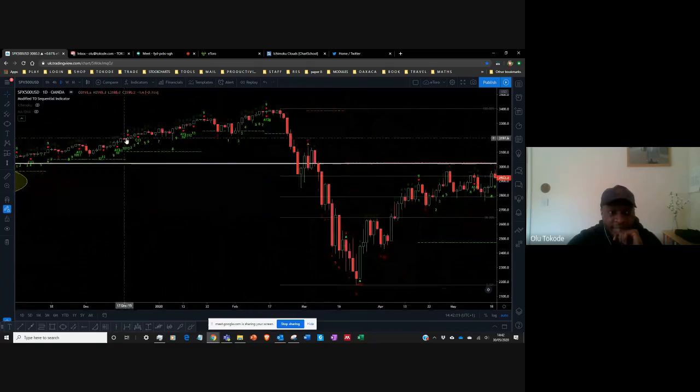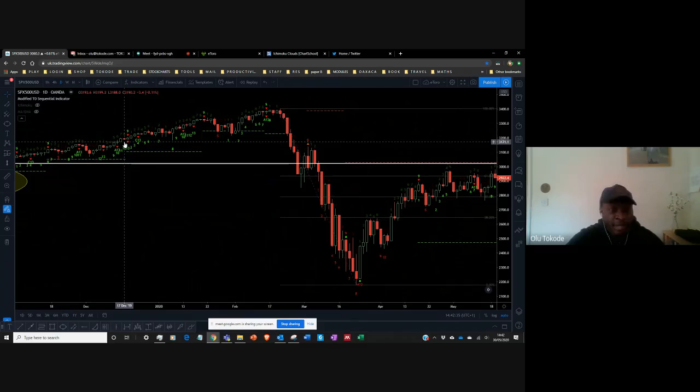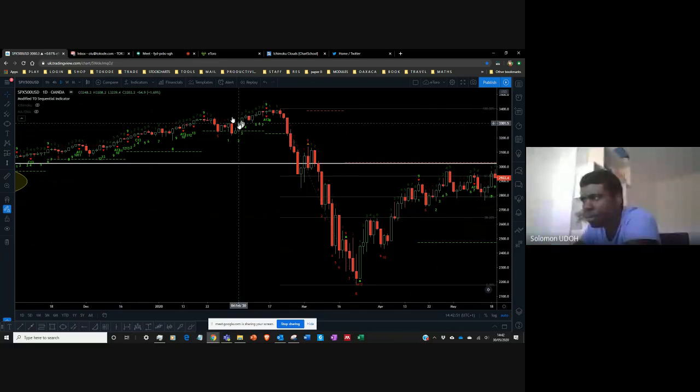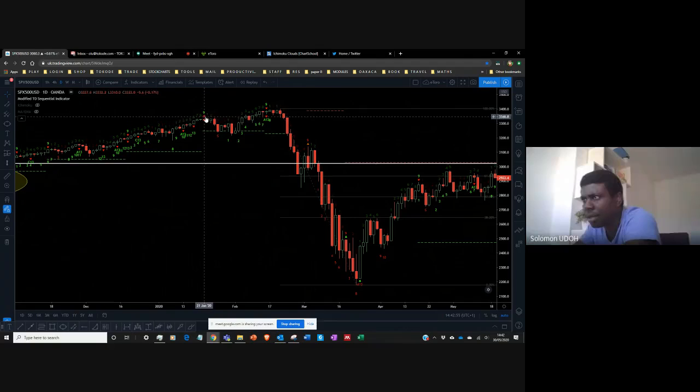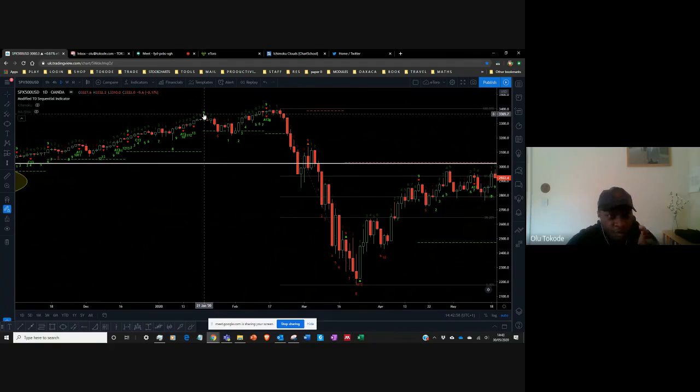So when you see this, it's telling you that you should expect either a pause in the trend, or the trend will gain more momentum. That's if you see a 9, expect a pause, expect a pullback, or expect more momentum. You never know which one is going to be. Okay. But it tells you to be ready.